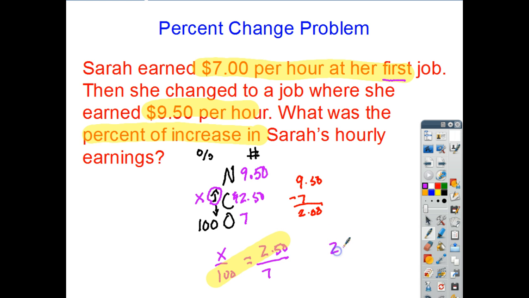You're going to take 250 divided by 7. And you're going to get a percent increase of 35.71%. It actually comes out to be an irrational number that keeps on going, but we'll just round to the hundredth spot. So that's a percent change problem.